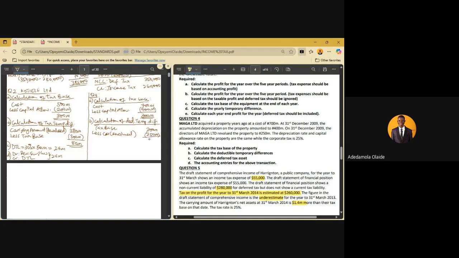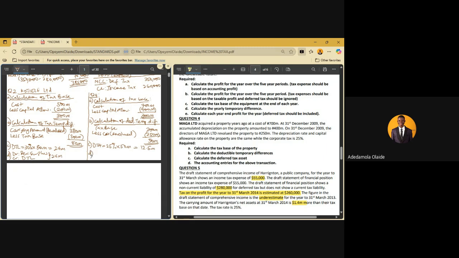So we have 50 million as our deductible temporary difference. Our deferred tax asset will be the 25% tax rate on the 50 million, and that will give us 12.5 million.